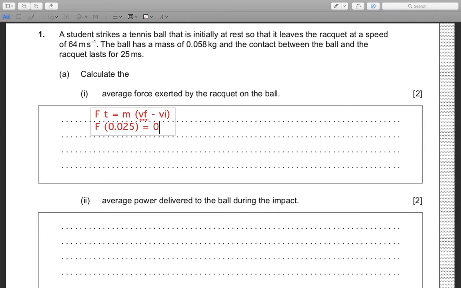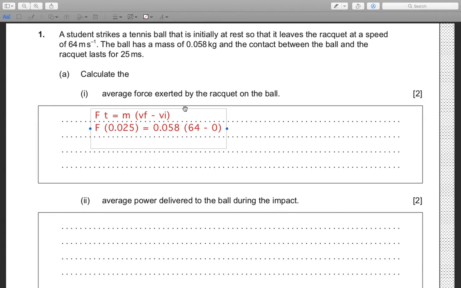Mass is 0.058, times velocity: final velocity is 64 minus initial, because this is at rest, so this is equal to 0.